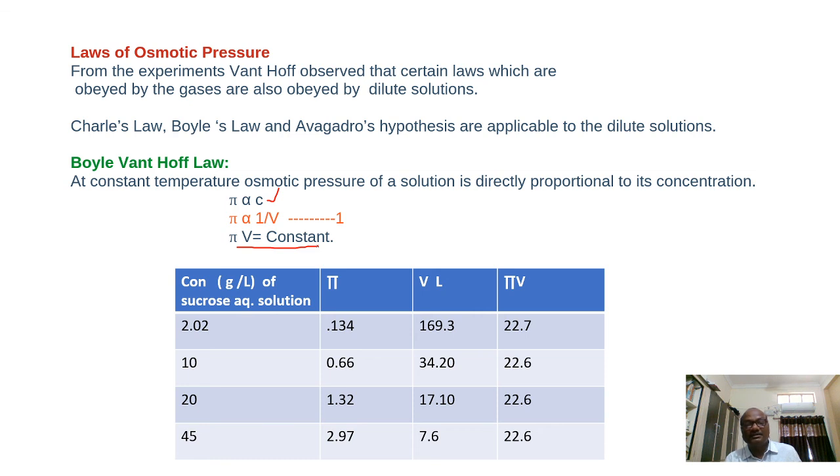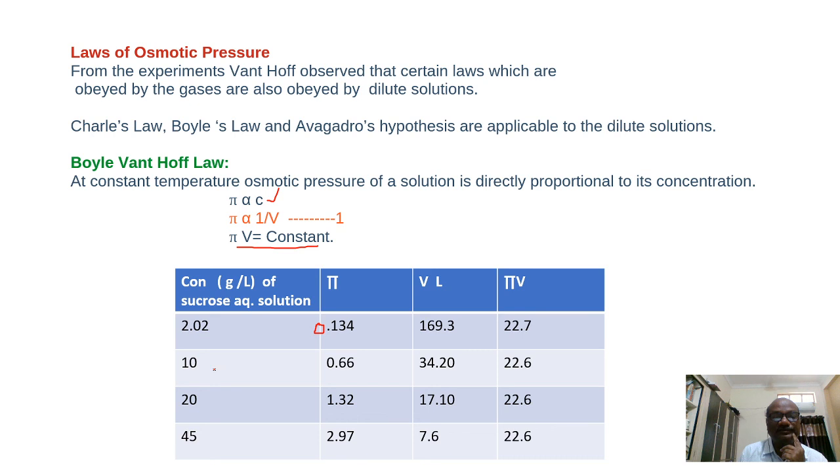Van't Hoff observed and verified this law experimentally like this. You see, the concentration of sucrose solution is given in grams per liter, along with osmotic pressure pi, volume of the solution, and the product pi V. When 2.02 grams per liter of sucrose is there, pi was 0.134, V is 169.3, and the product of pi and V is 22.7.